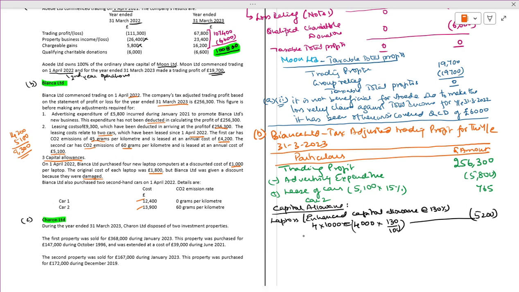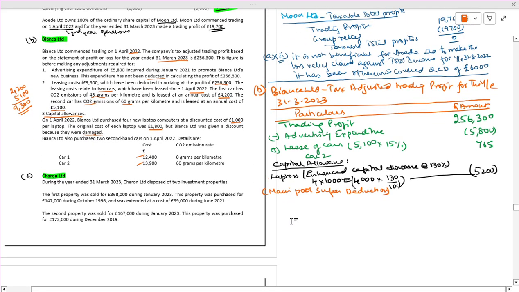This is the enhanced capital allowance of 130%, because it is the main pool super deduction. They have purchased 4 new laptops.